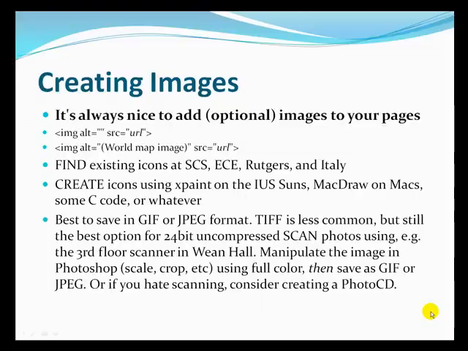Best to save in GIF or JPEG format. TIFF is less common, but still the best option for 24-bit uncompressed scanned photos, using the third floor scanner in Wen Hall. That's an example. Manipulate the image in Photoshop using full color, then save as a GIF or JPEG. Or if you hate scanning, consider creating a photo CD.